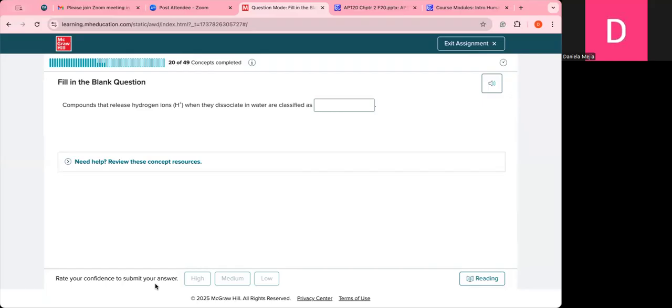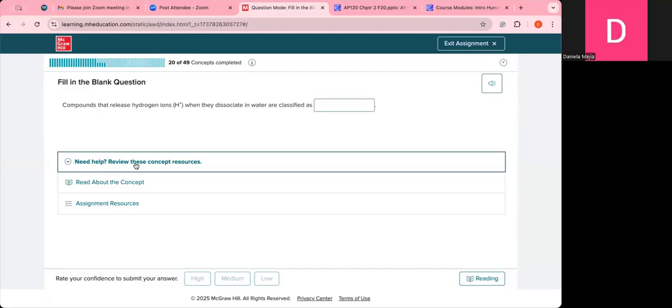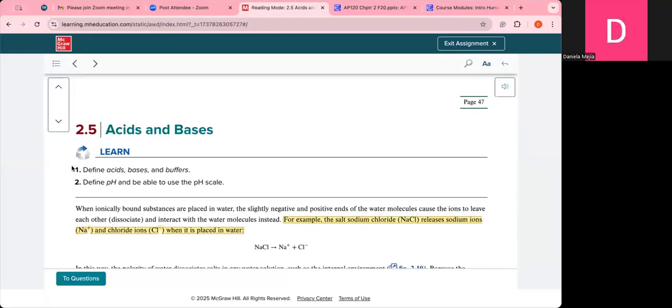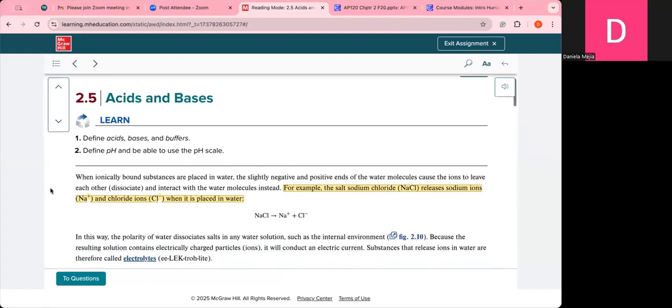What do we call the compounds that do that? So here you have bonded substances, right?